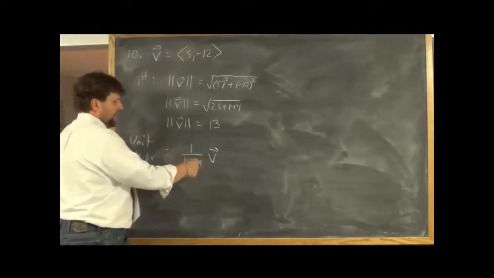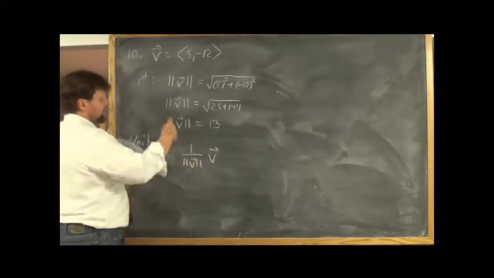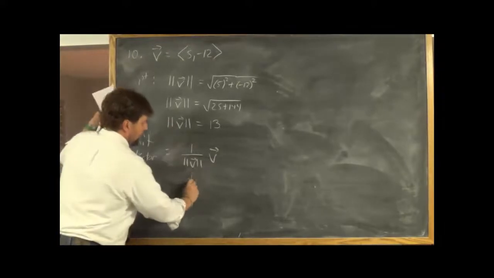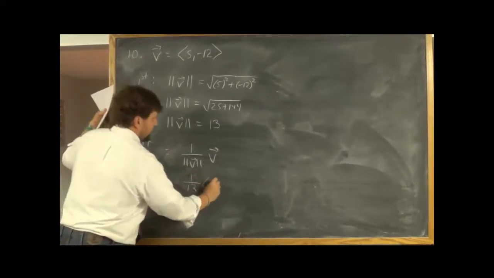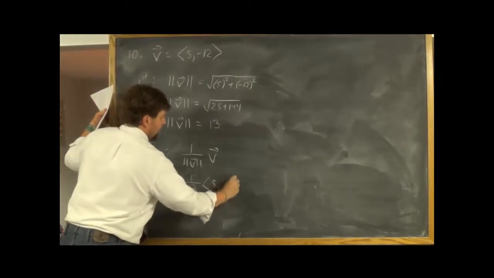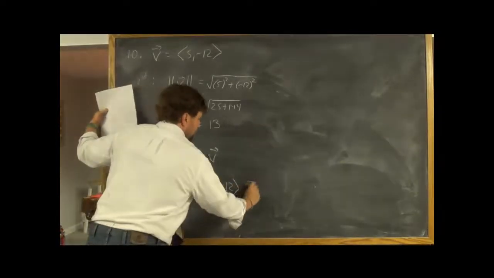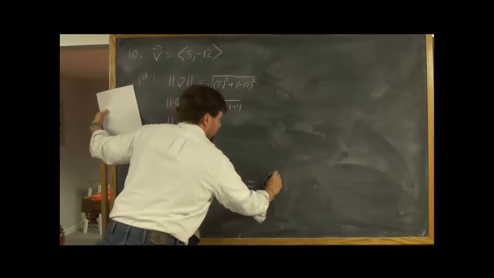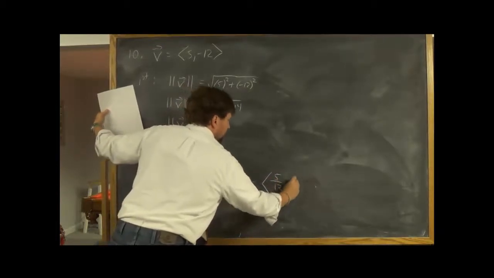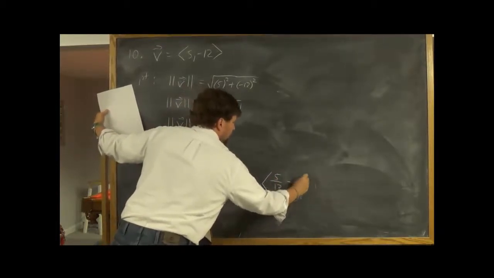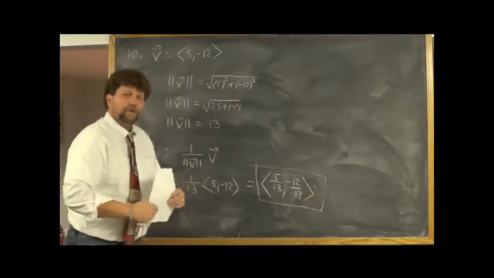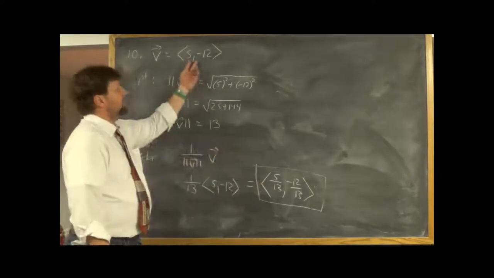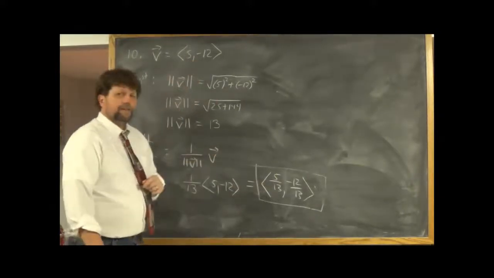So it's this scalar times vector v. For this problem, you'd have 1 over 13 times 5, negative 12, which gives you 5/13, negative 12/13. That is the unit vector that's in the same direction as the vector 5, negative 12.